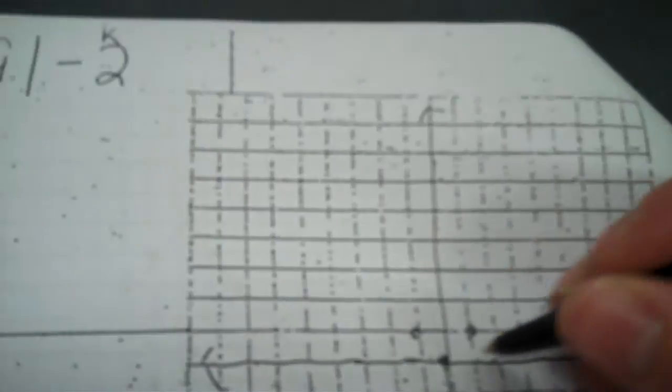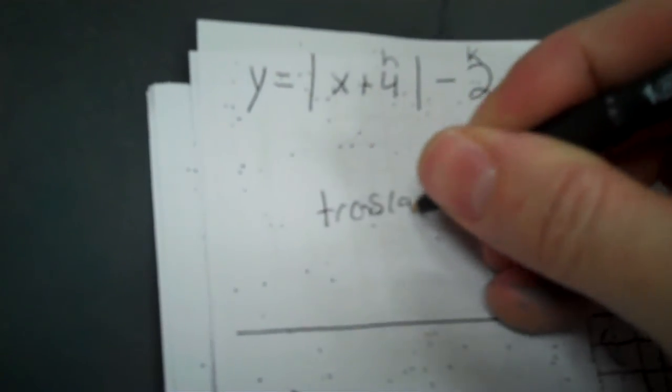Okay, now this one you actually have both an H value and a K value. So you graph your parent function, right 1 up 1, left 1 up 1. There's no negative, so I'm back to going up. Okay, and we translate it. Well, you got two translations to make. The K value means you're going to translate it down 2.